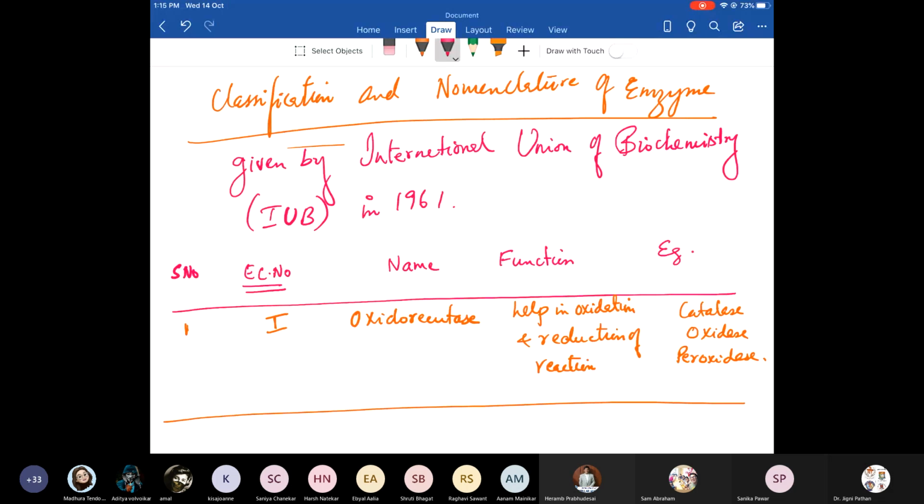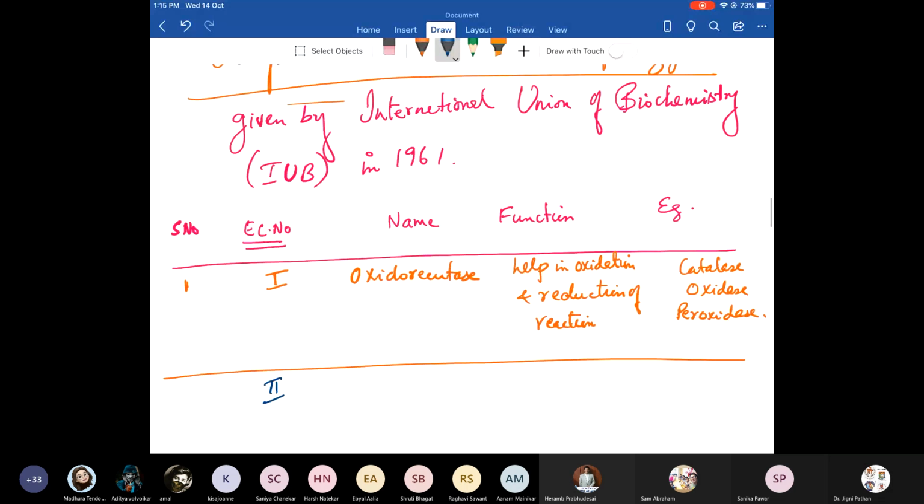Second is transferase. You have transfer of functional groups. Oxidoreductase, reductase.